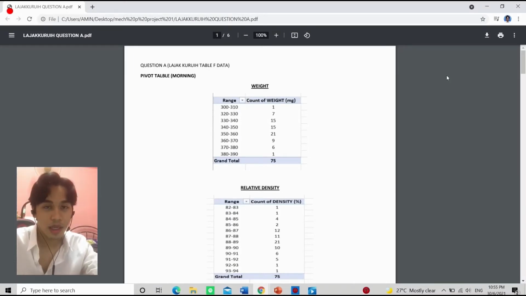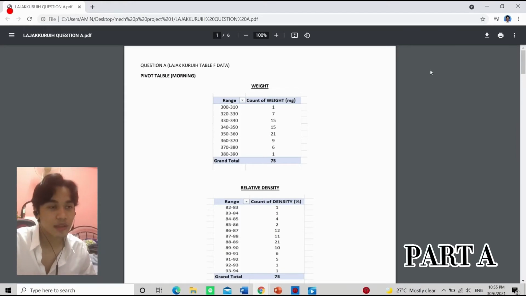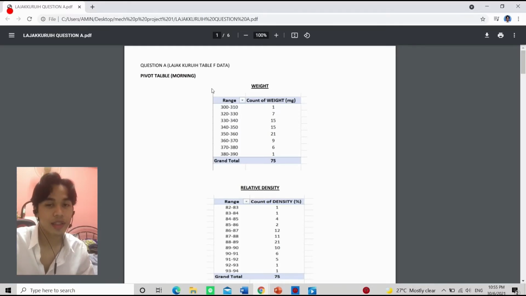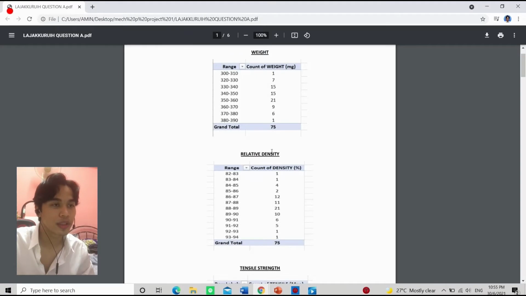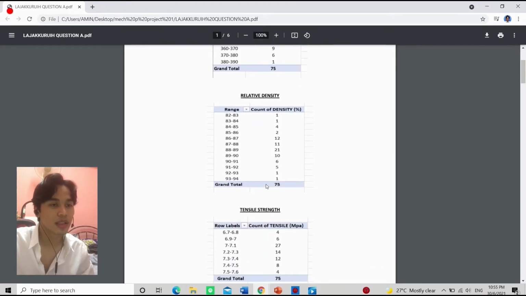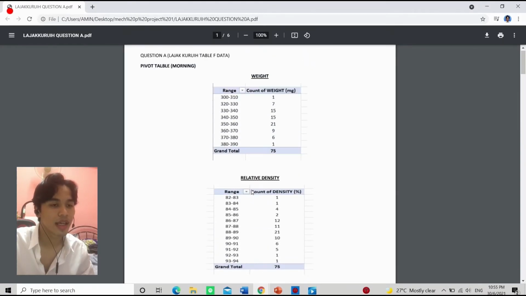Bismillahirrahmanirrahim. I will explain part A first. From the data given, we can separate the data for morning, evening and night. Using the pivot table in Excel, we can summarize the weight, relative density and tensile strength.